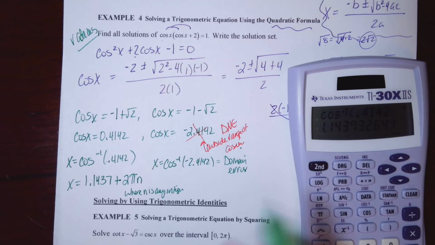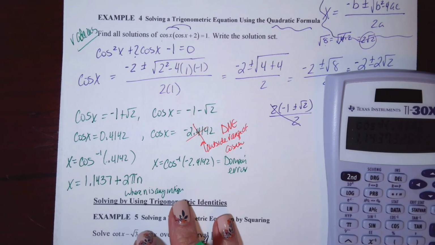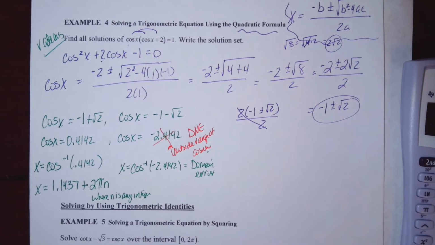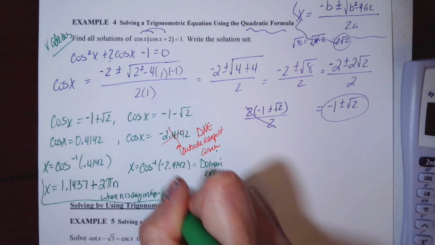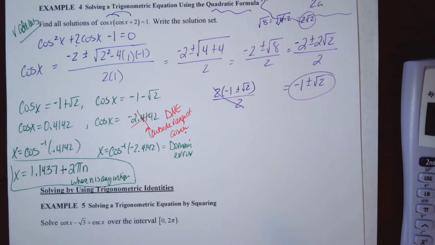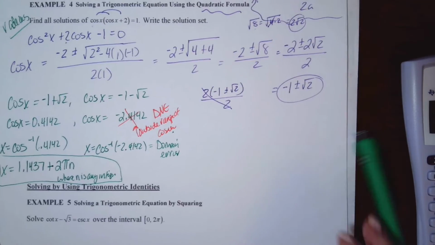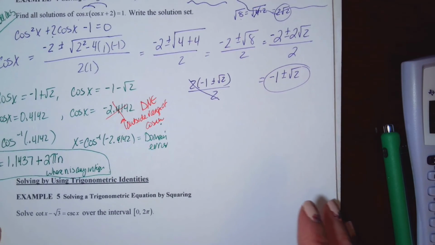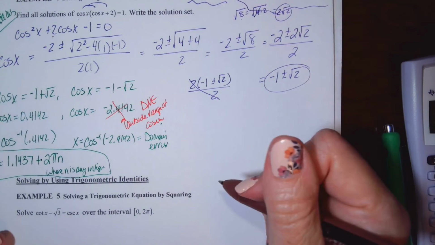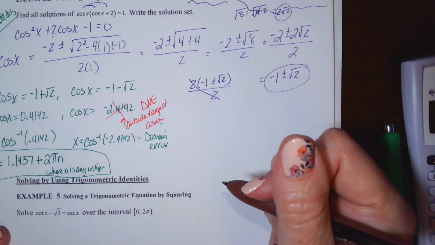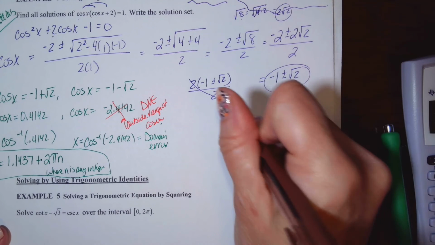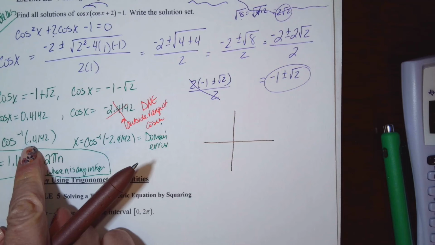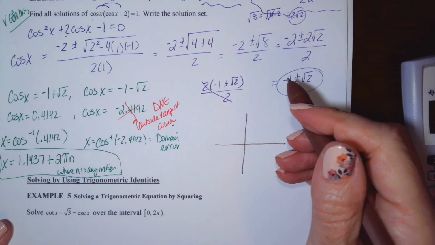So that's my all possible solutions. Now, is that the only set of possible solutions? Well, let's think about it. Because I wasn't given an interval, the solution set is going to be all possible solutions, right? So let's work this out. We have a positive cosine function value.